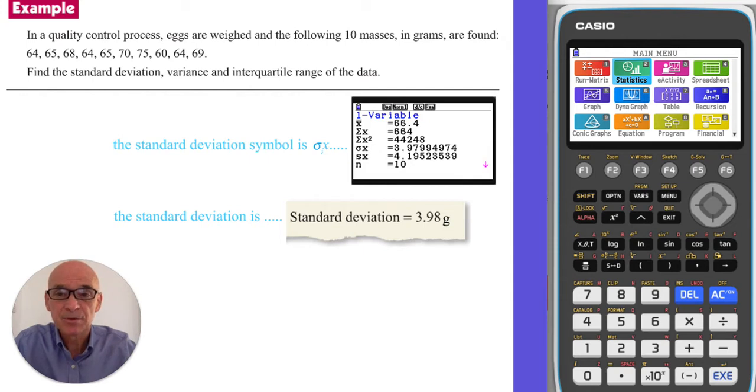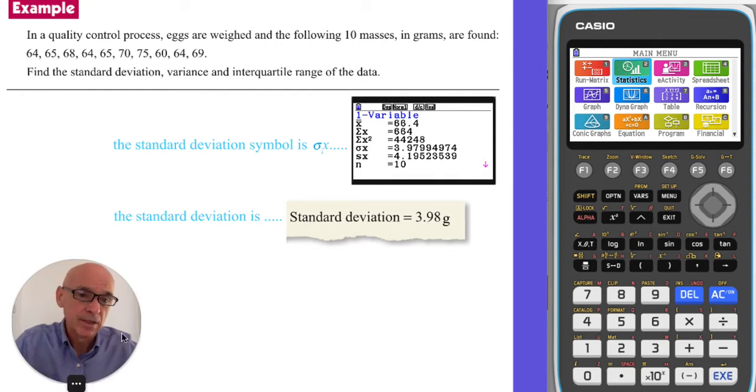In this example, we're given a set of data, 10 masses, and we're asked to find the standard deviation, the variance, and the interquartile range. And to do that, we will use the calculator.